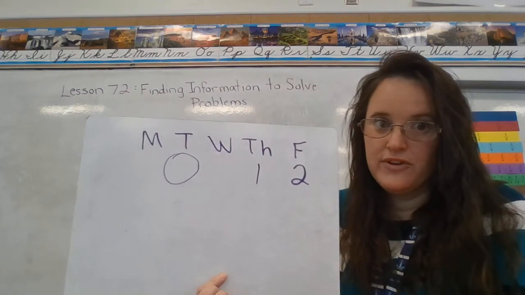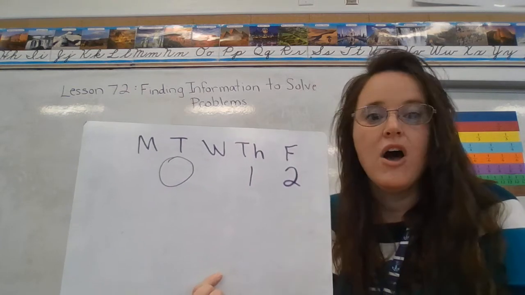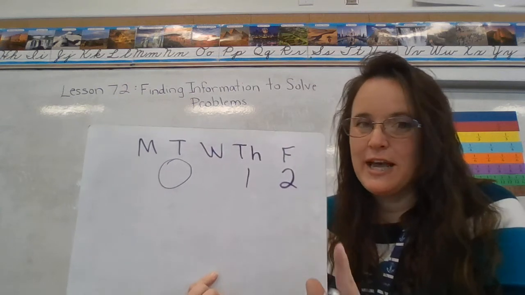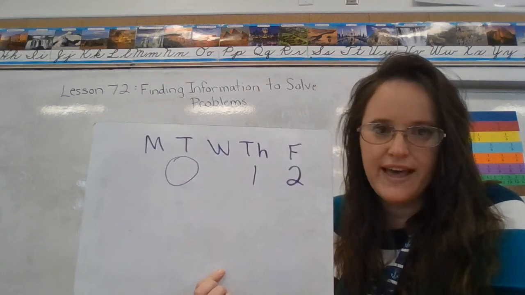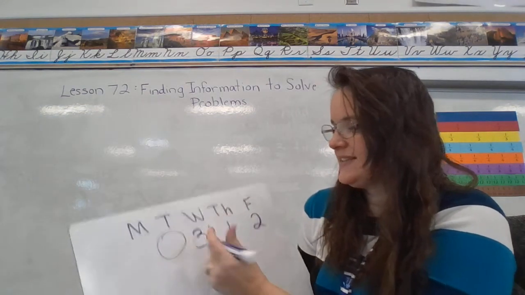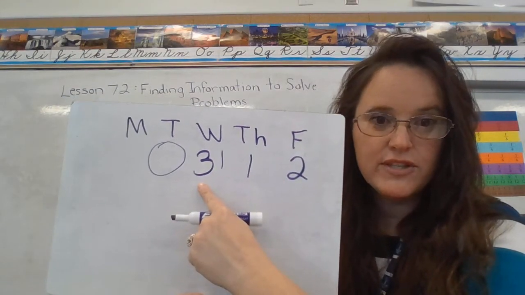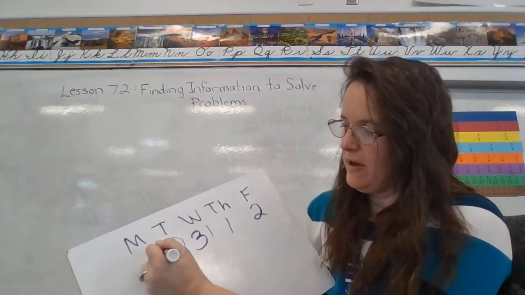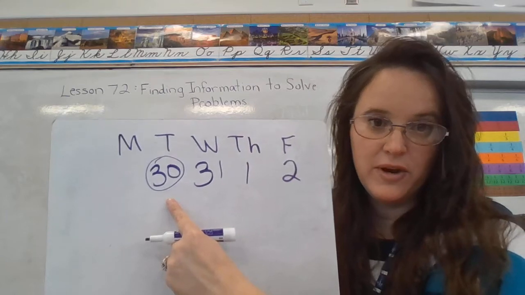January, 30 days hath September, April, June, and November. All the rest have 31 except for February. So where does January fall in that? January has 31 days. So this day, this Wednesday, would be the 31st of January, which would make the Tuesday, we're going to count backwards here, the 30th of January.